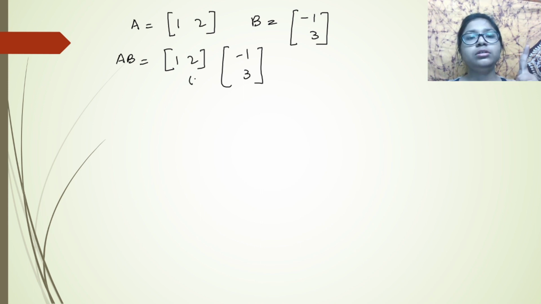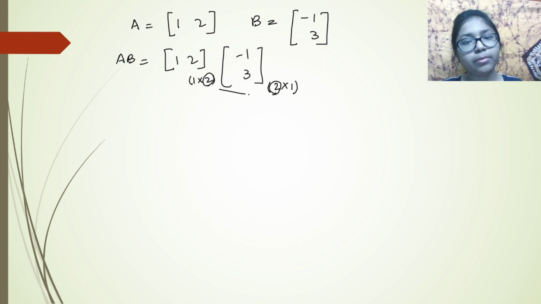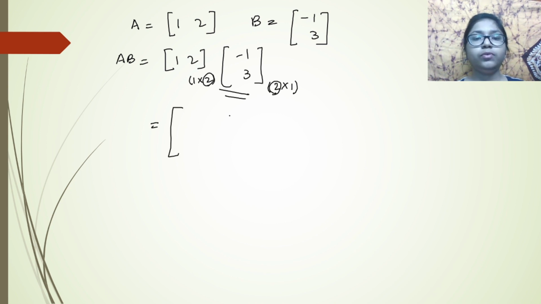A is having 1 row and 2 columns, and B is having 2 rows and 1 column. So these two numbers, that is the number of columns of first matrix, is exactly equal to the number of rows of the second matrix. So the resultant matrix will be of the order 1 by 1. That is, it will only have one element.